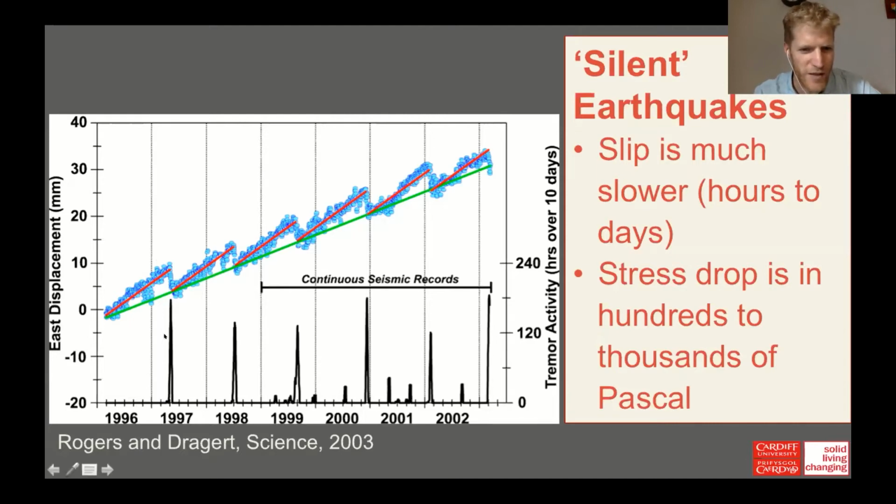The other thing you see here is this black line, which shows activity at about the same time as this slow slip. Those show amount of basically seismic noise. It's referred to on this plot as tremor activity. Tremors in this sense is not the same as earthquakes. It's rather a noisy signal that seismometers pick up.